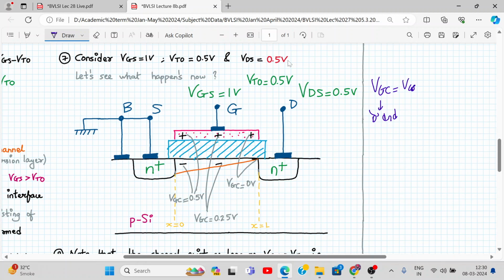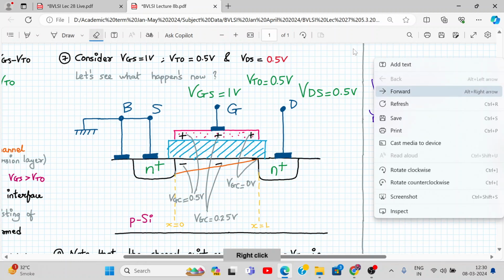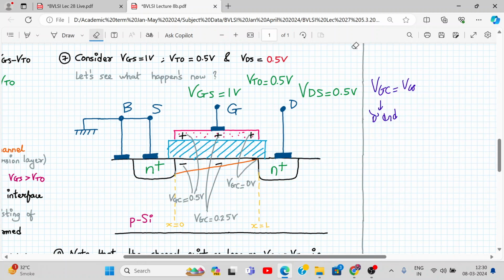Yes. Oh, sorry. It will be VGS minus VTO minus VDS, which is 1 minus 0.5 minus 0.5. Zero means will there be a channel here? No, the channel will be completely gone at the drain end, yes or no? And over here at the source end, how much will it be? 0.5. I hope you are following.